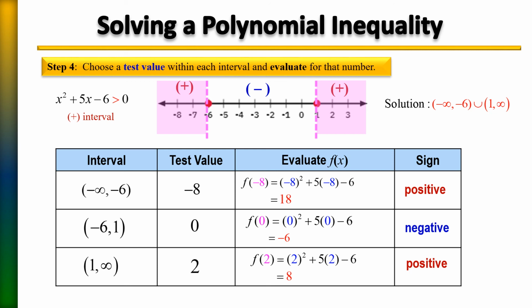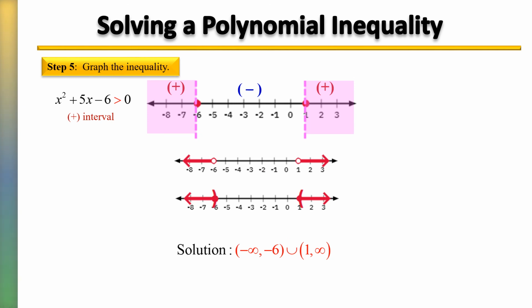Now let's take a look at what the graph, or the number line, of this polynomial inequality would look like. And as you can see, this is how you would graph it. Some authors will use open circles to indicate when it does not include those points, and some authors will use a parenthesis to indicate that as well.